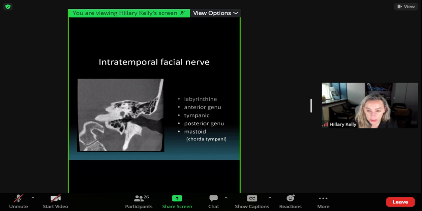We can see the internal structure of the cochlea a little bit better at MRI using this high resolution T2 weighted imaging. So we can see the scala vestibuli and the scala tympani.